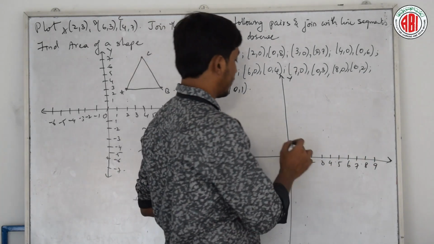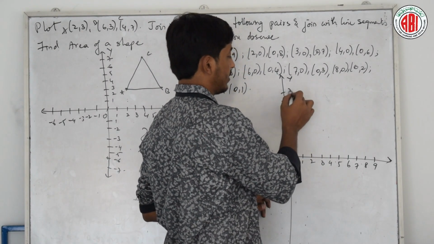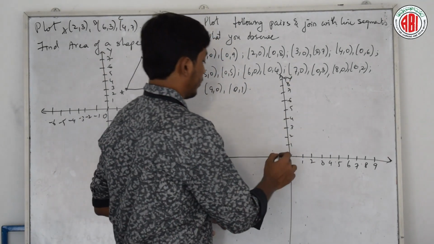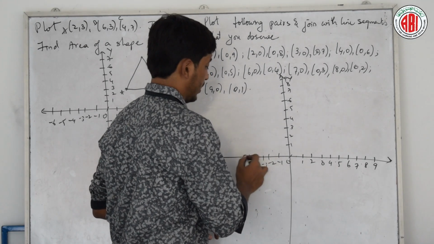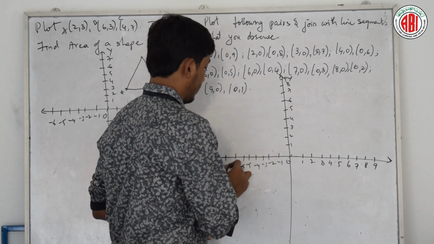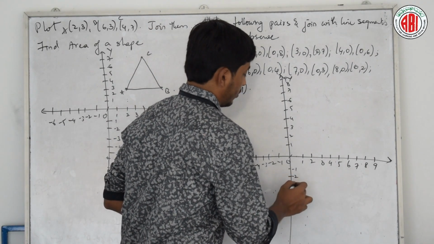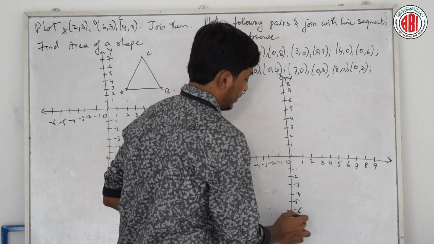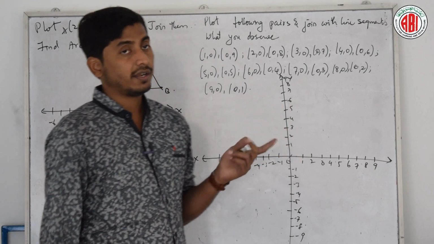Here also 1 to 9. Clear? Here also minus 1 through minus 9, and here minus 1 through minus 9. Shall we plot?